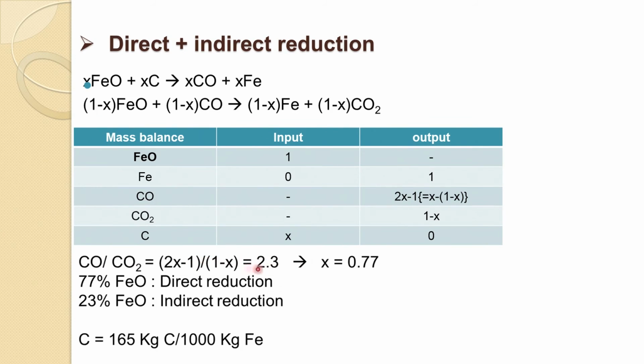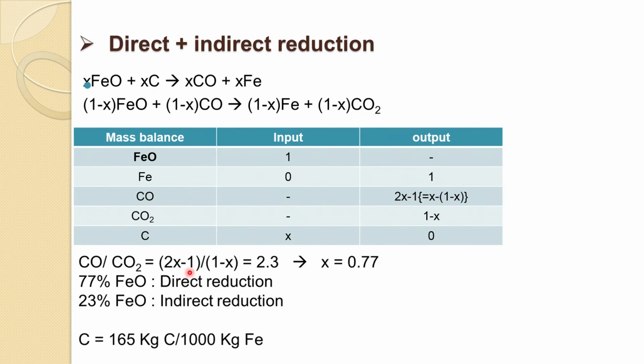That gives you x equal to 0.77, which means about 77% FeO will get reduced directly with carbon, and the remaining 23% FeO will be reduced by carbon monoxide, that is indirect reduction.